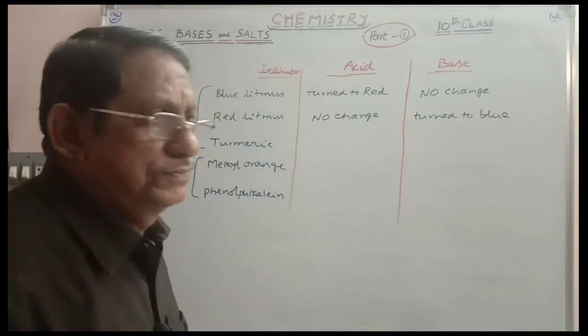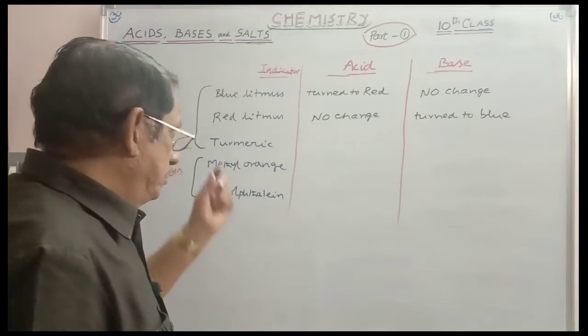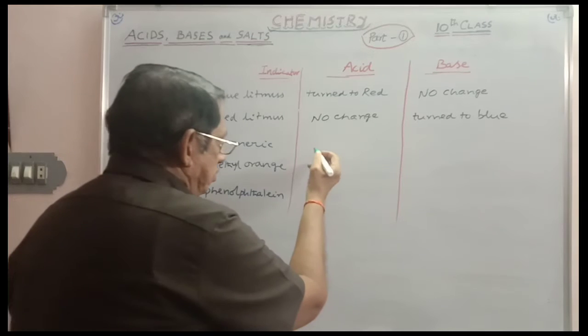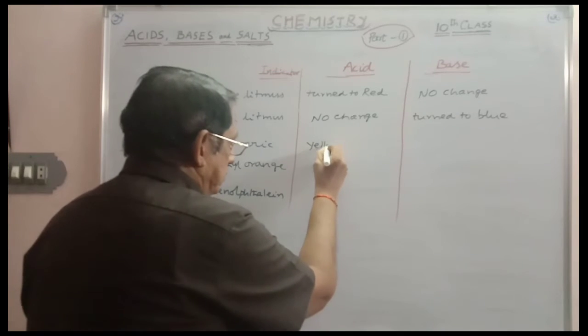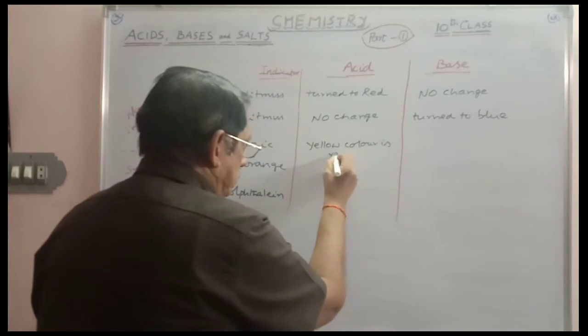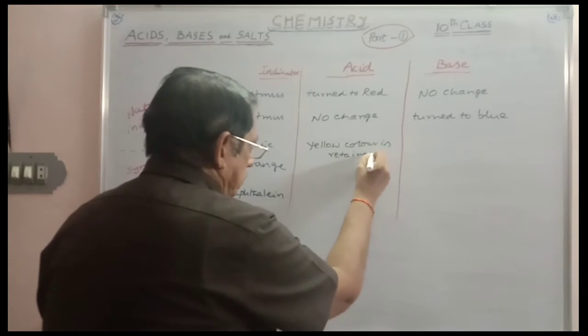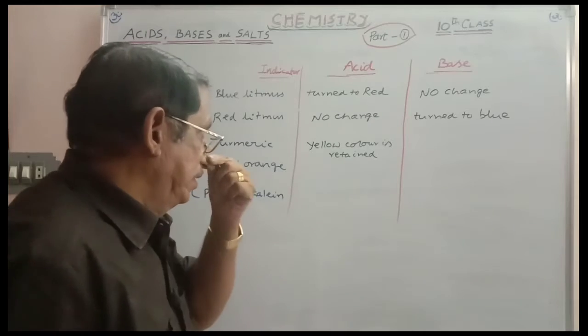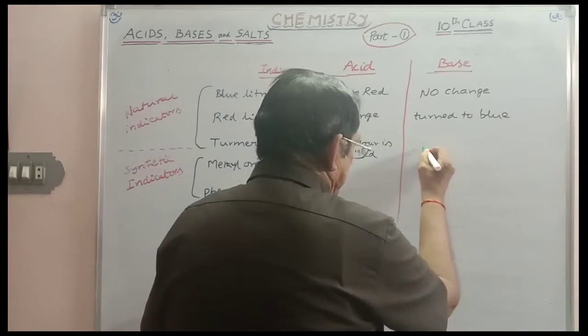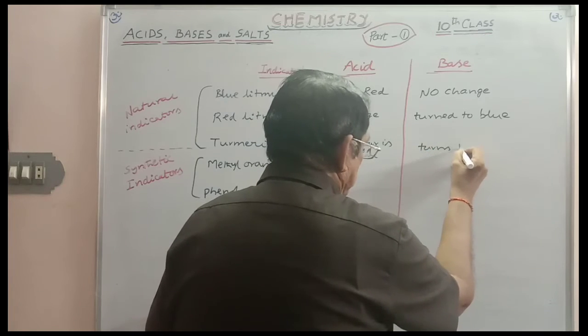Turmeric is generally yellow. When the turmeric solution is dropped in acidic, the yellow color is retained. In the case of base, turmeric solution turns to red.